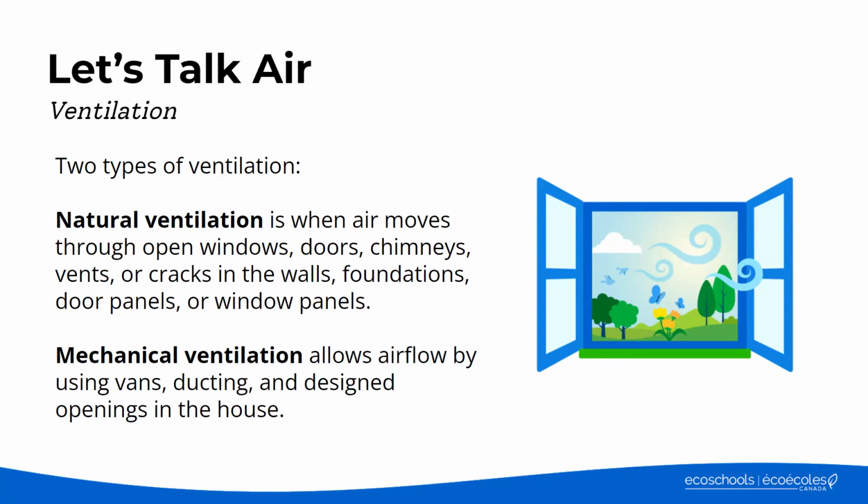An older home or building may have higher natural ventilation rates than newer buildings that are tightly built. And mechanical ventilation allows airflow by using fans, ducting, and designed openings in the house. Examples of mechanical ventilation include kitchen and bathroom fans and heating, ventilation, and air conditioning, or HVAC systems.